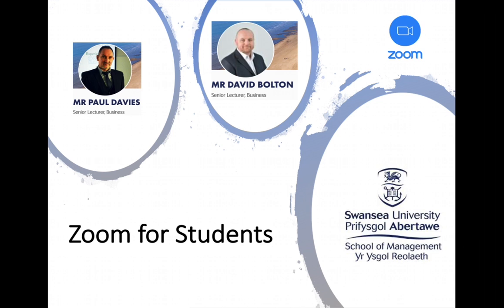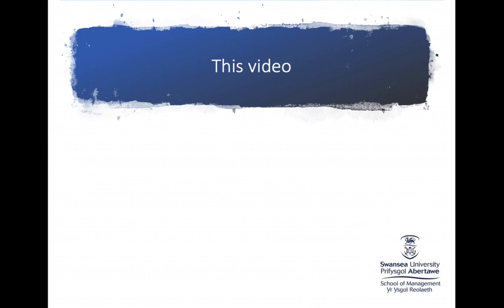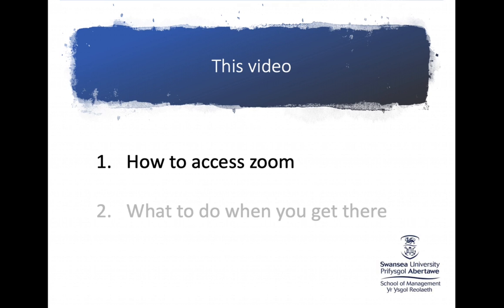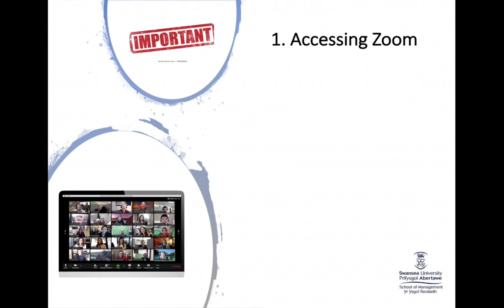So this is going to be a short presentation, and we will be having some sessions after this for you to ask some questions around Zoom and how you can interact with it for your lectures and seminars. So this video is really going to cover two things. Firstly, how to access Zoom and basically what to do when you get there.